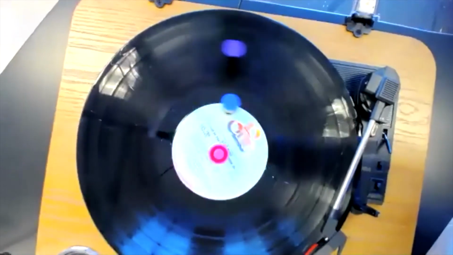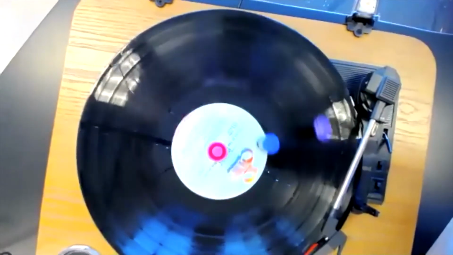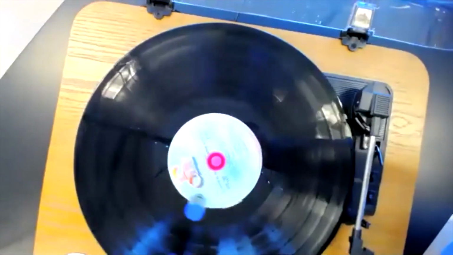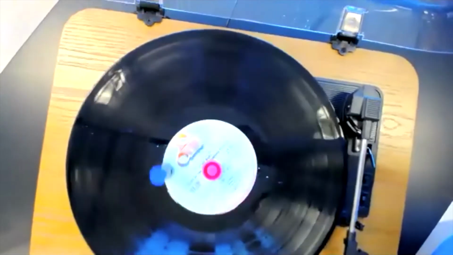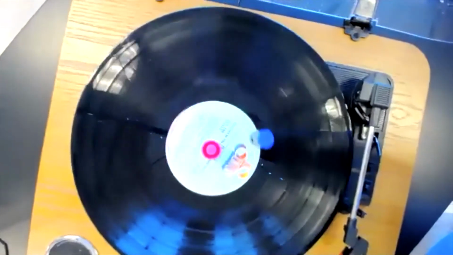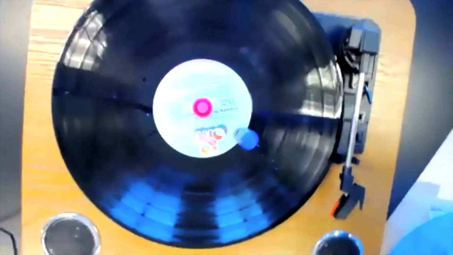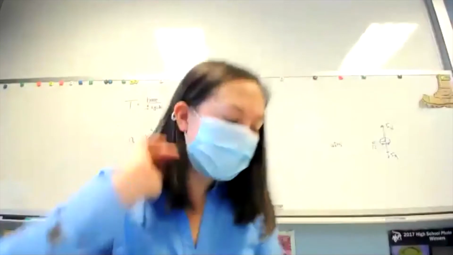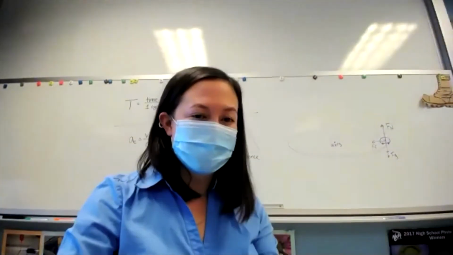Purple has to travel faster to make the same time period. In fact, if I took this cap and put it at the outside edge, it has trouble even staying on, because it's going so fast. And the point of that demo is that things that are close to the center travel slowly.